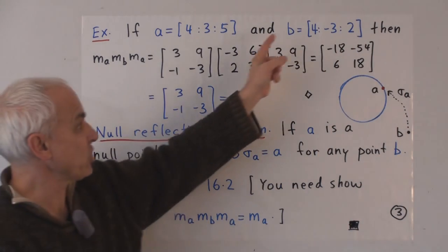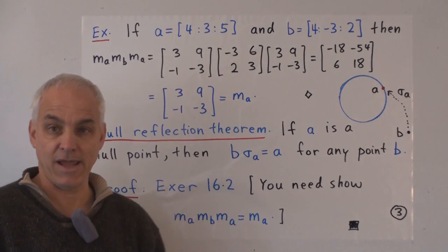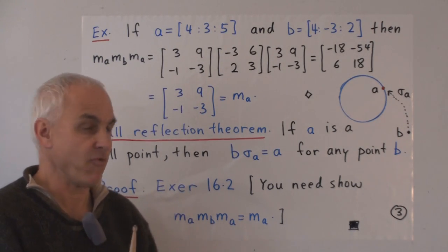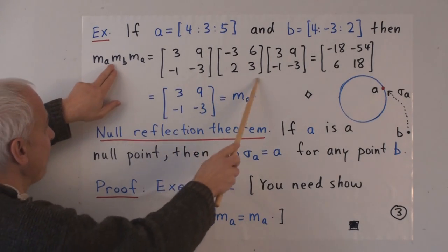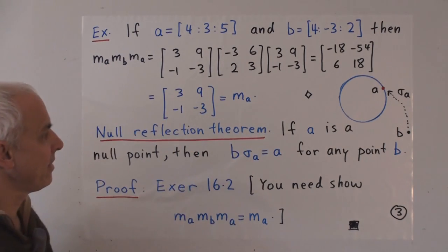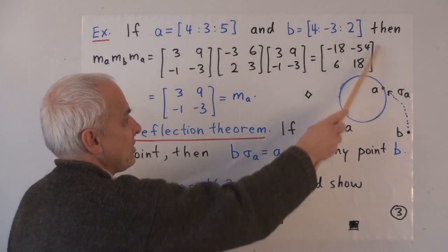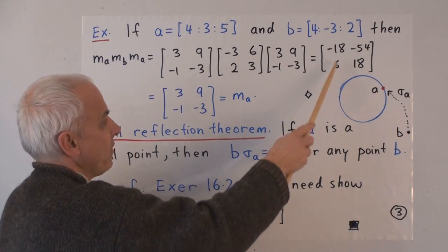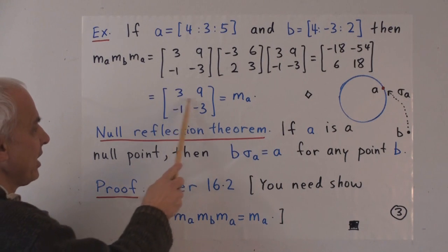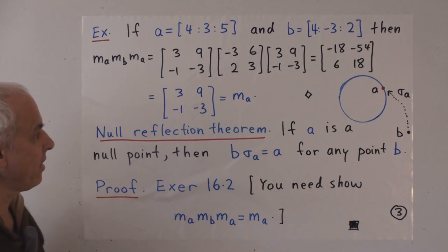Let's find the reflection of B in the null point A, using exactly the same formula. So here's M sub A, you can check, here's M sub B, here's M sub A again. Multiply the three matrices, we get this thing here. Divide by a factor of 6, and we get 3, 9, minus 1, minus 3.